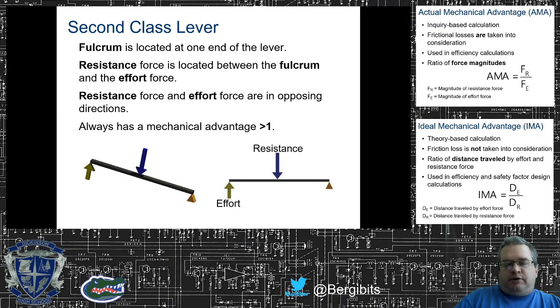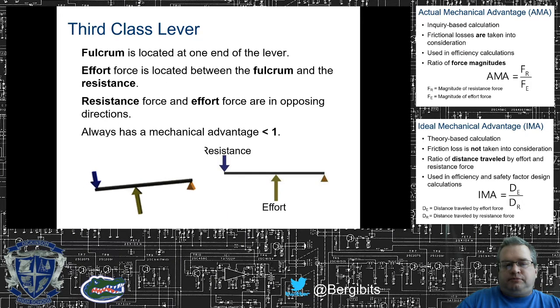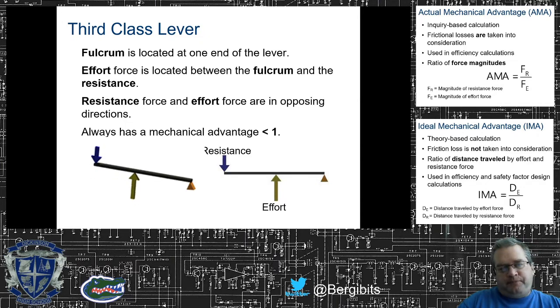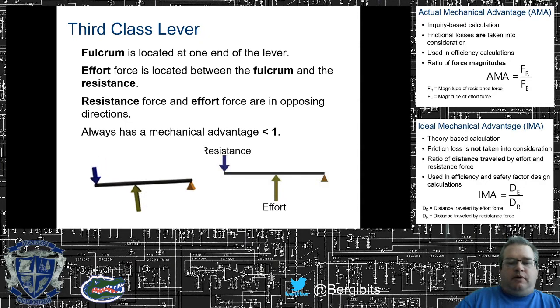So you have your effort on the end, and your resistance is in the middle. In this situation, your mechanical advantage is always going to be less than 1. Your effort is in between the resistance and the fulcrum. In both second and first class levers, the forces are in opposite directions. First class, they're in the same direction.